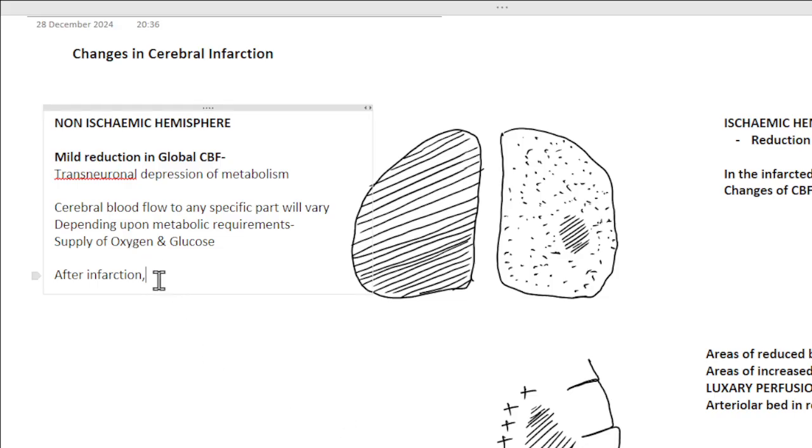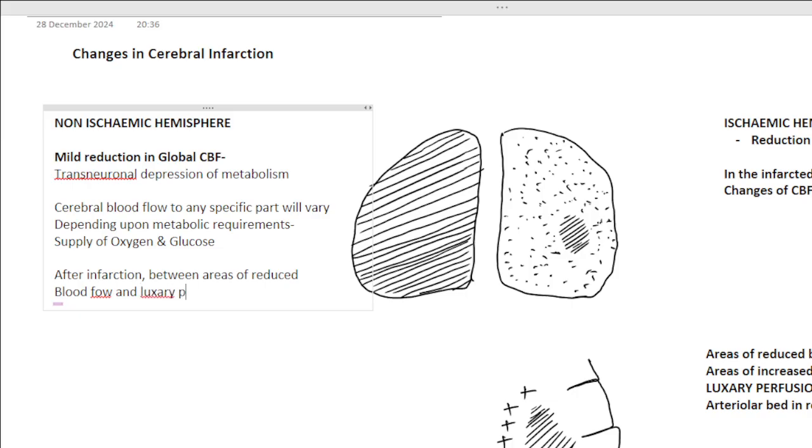Now if we see here in normal, after infarction, what is happening here? After infarction, between areas of reduced blood flow and increased blood flow, I would say that increased blood flow, let us write it like this, is luxury perfusion.